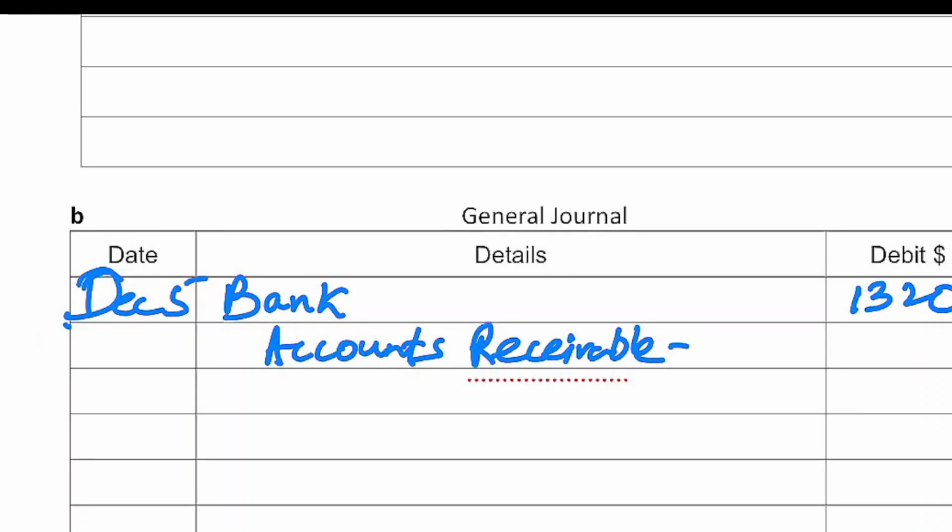If you know the name of the accounts receivable or payable, you have to write their names. Okay, did I tell you that? Anybody remembers? No? Okay. Emerald CC, right? 1320. Credit.